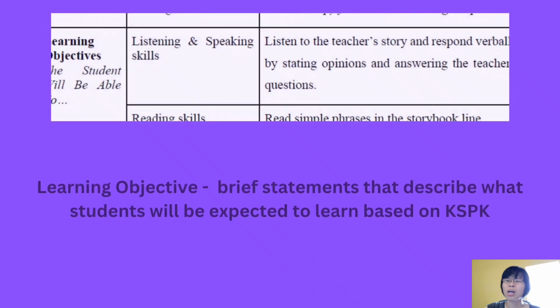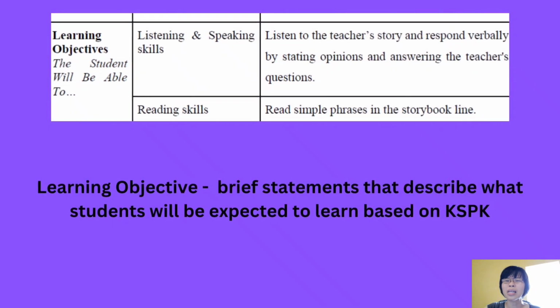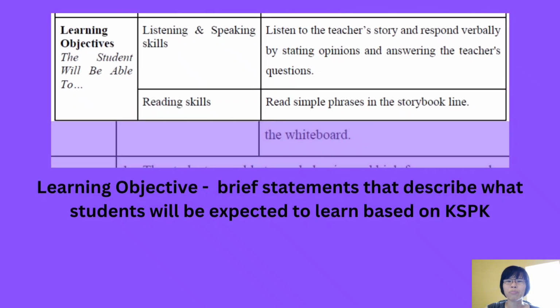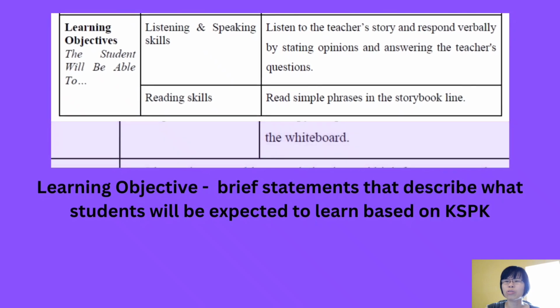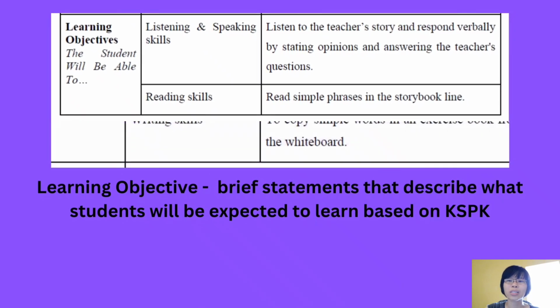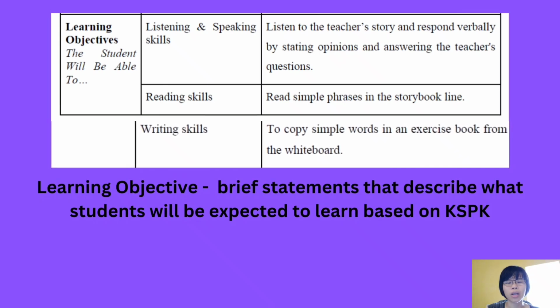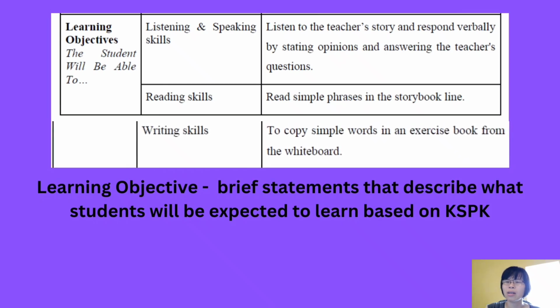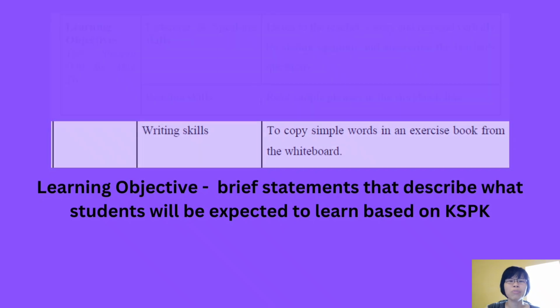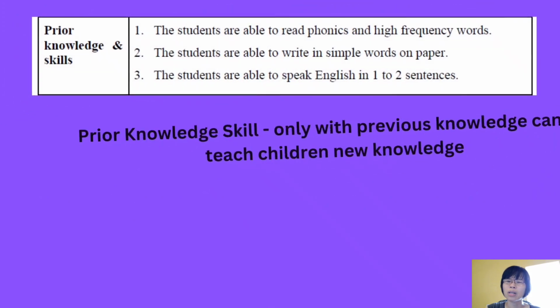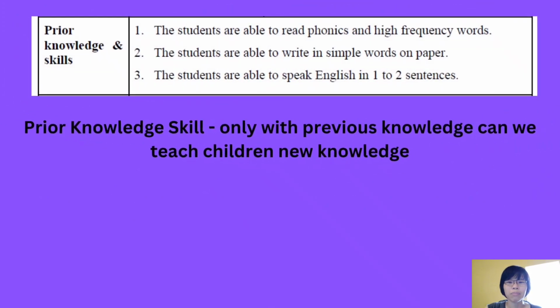Then the teacher has to write learning objectives, statements that describe what children will be expected to learn based on the KSPK standard. Next, the teacher also needs to write out the previous knowledge skill, because only with previous knowledge can the teacher teach children with new knowledge.